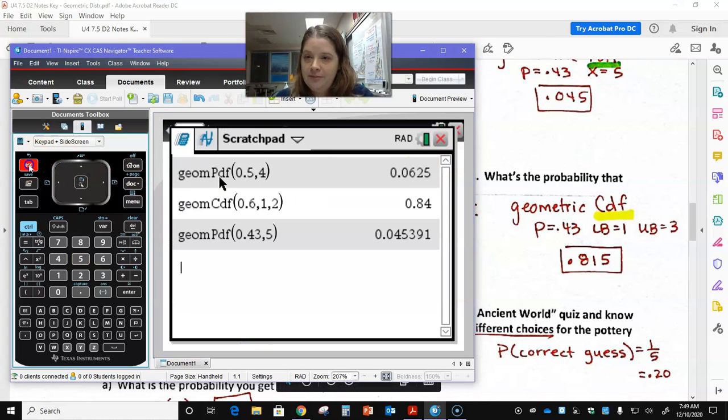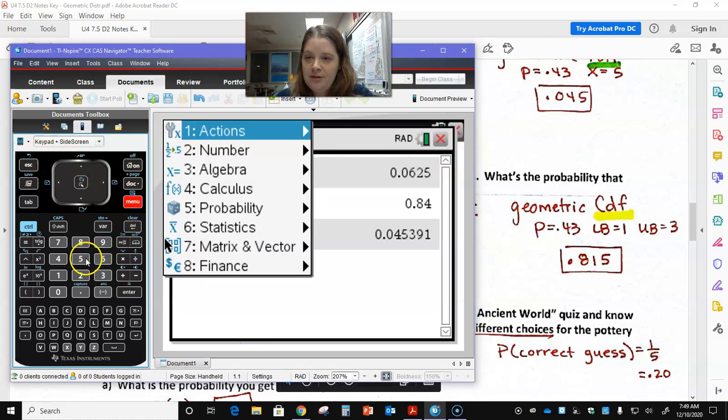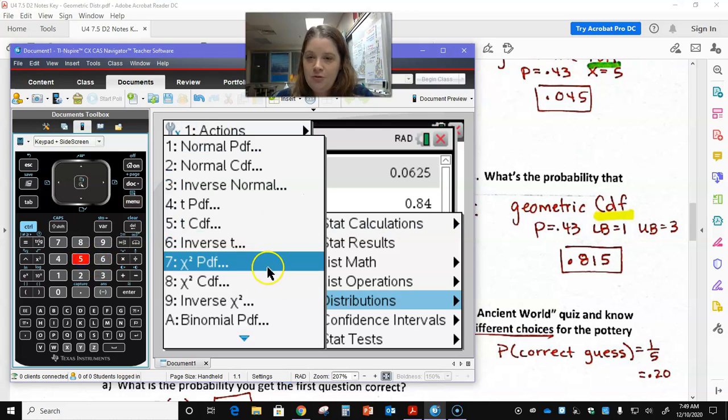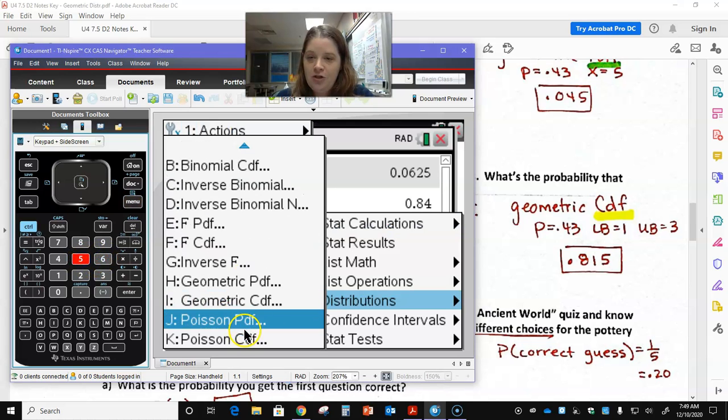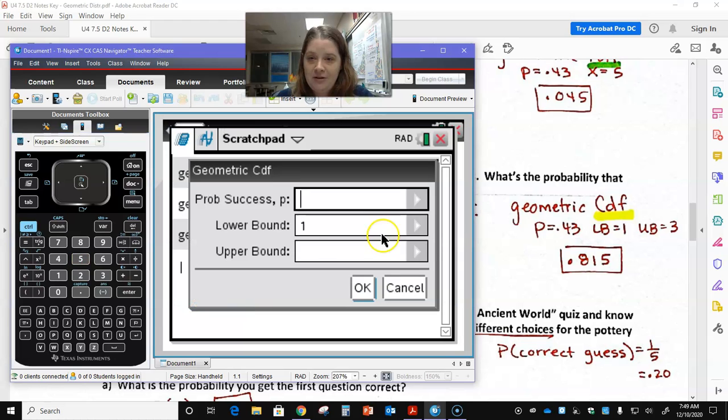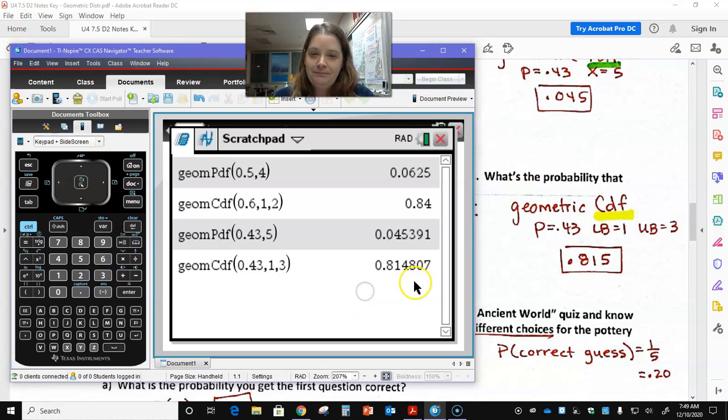Oops, did the wrong one. Let me try again. Menu, statistics, distributions, and I'm looking for geometric CDF. There it is. Probability of success was 0.43. The lower bound was 1. Isn't it nice that it defaults to 1 to remind you that the first one would have to be 1? And then the upper bound would be 3. And there's that 0.815.